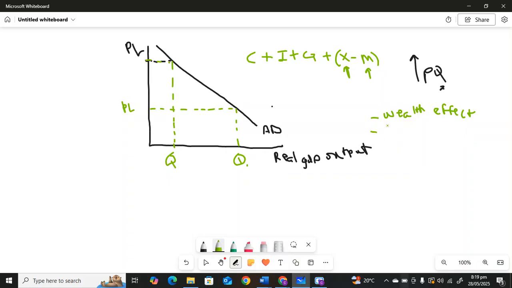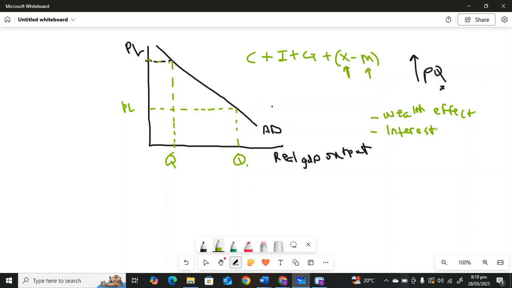The second one is the interest rate effect. When price levels go up, interest rates also go up. As price levels go up, businesses might want to borrow more, government might want to borrow more, and people might also want to borrow more.